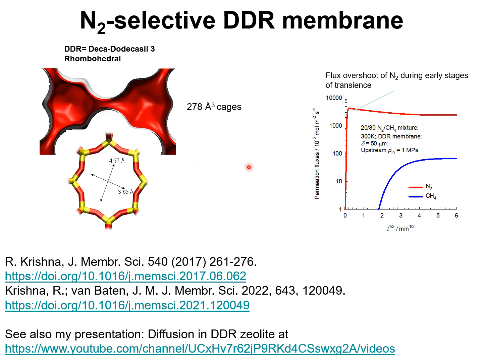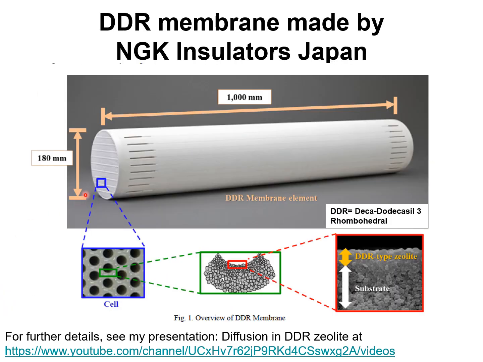Let's have a look at how a DDR membrane unit would look like. The company called NGK Insulators in Japan offer membrane modules shown here that consists of circular tubes. The inner wall of the tubes are coated with a thin layer of DDR zeolite, and this layer is typically about 20 micrometers thick, and this is the substrate.